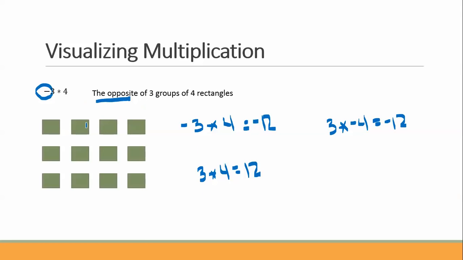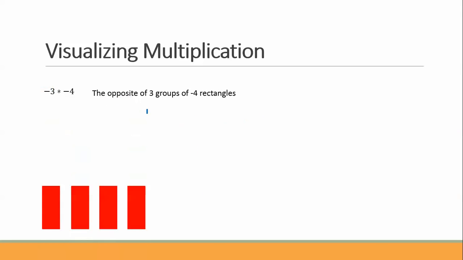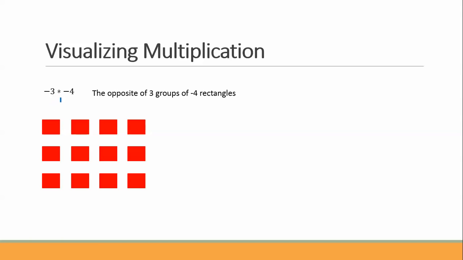Using this opposite fact again, we have negative 3 times negative 4. This first one is saying the opposite. The opposite of 3 groups of negative 4. So 3 groups of negative 4 was negative 12. This one was 3 times negative 4 is negative 12.